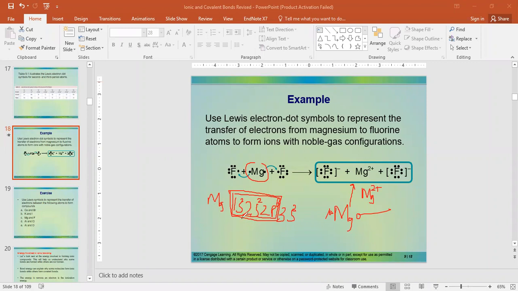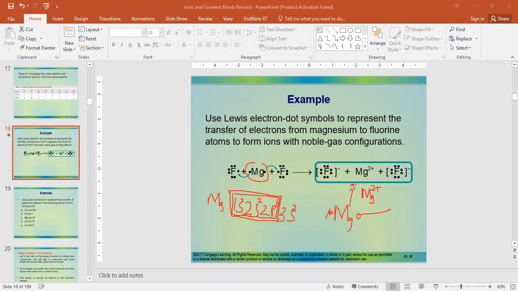Why can't you write, because it has lost all the 2 electrons, it means its new valence shell electrons are 8. Why can't you write them instead of writing the magnesium? It doesn't have any valence electrons at this moment. The valence electrons have completely been transferred.